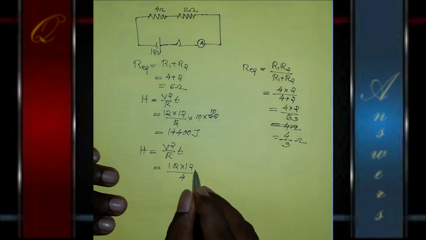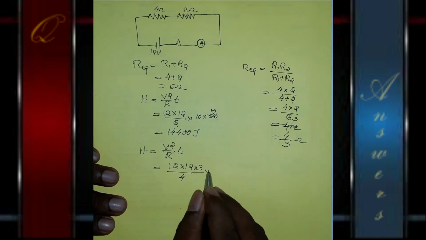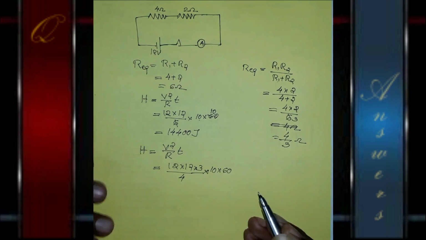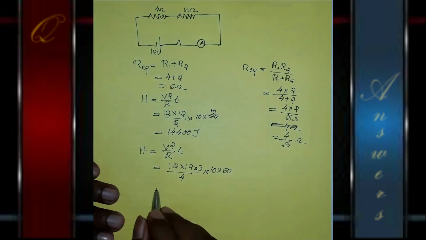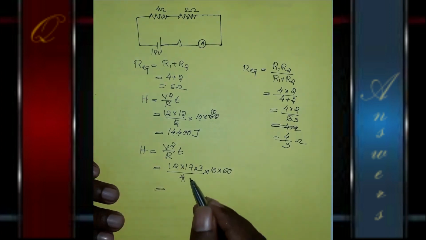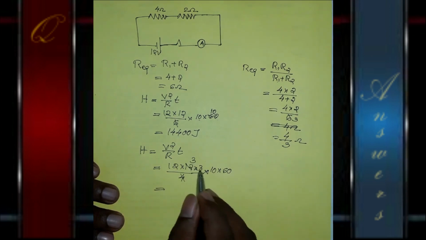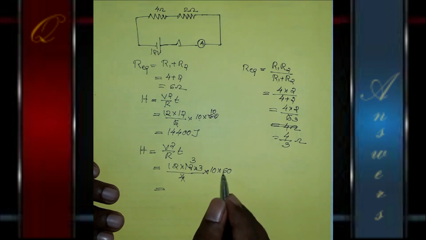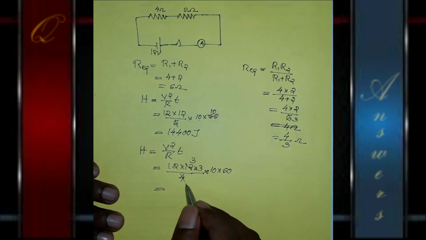By 4 by 3, 3 comes in the numerator, into T. What is T? T is 10 minutes, which means 10 into 60. You may solve it to find the answer, which is 3 into 3 is 9, 9 into 6 into 12. You may calculate it for the answer.